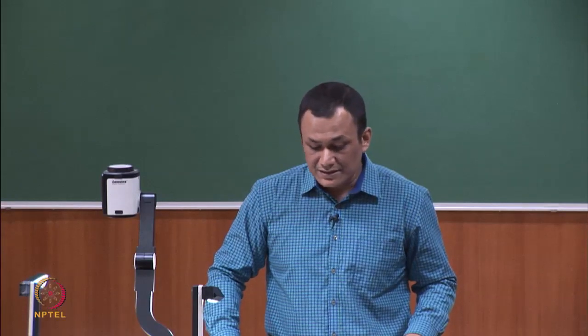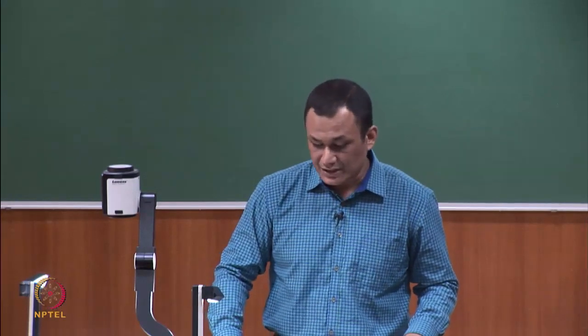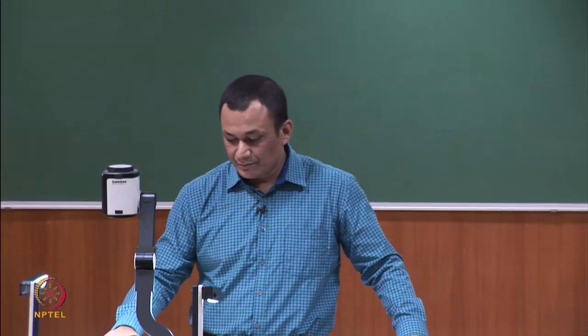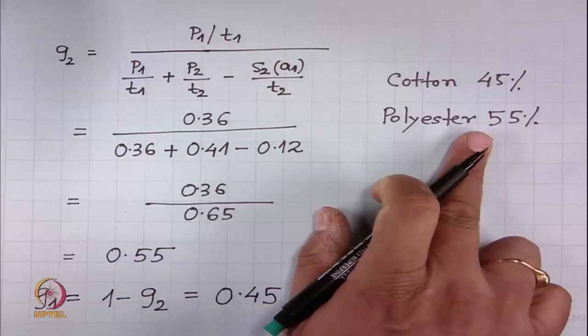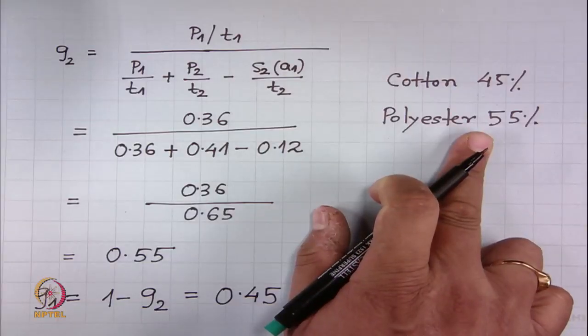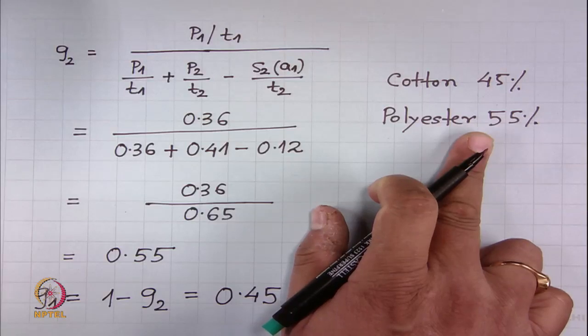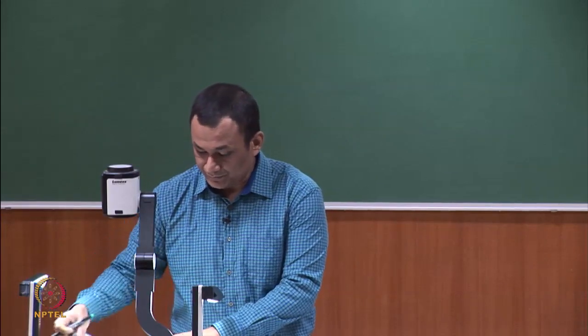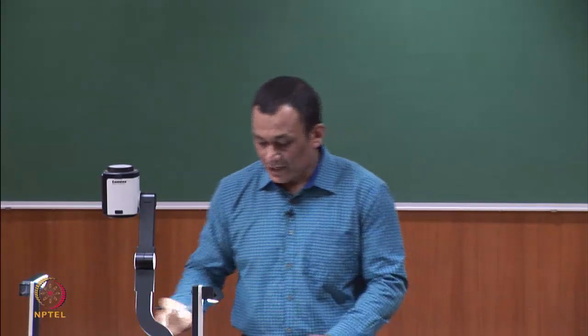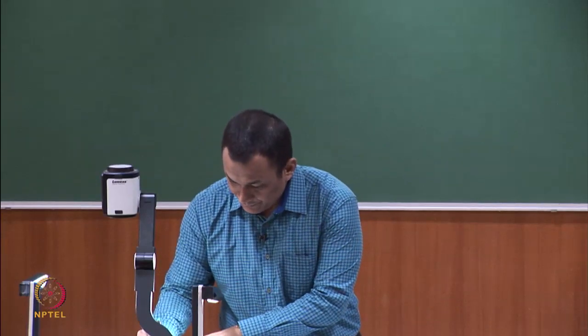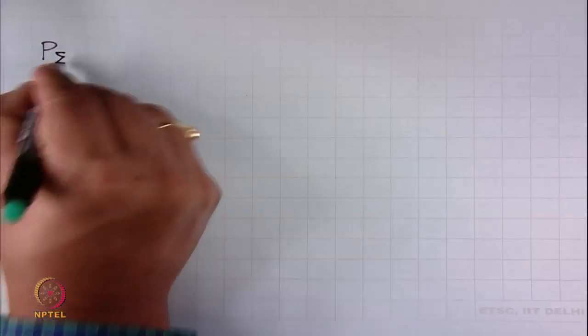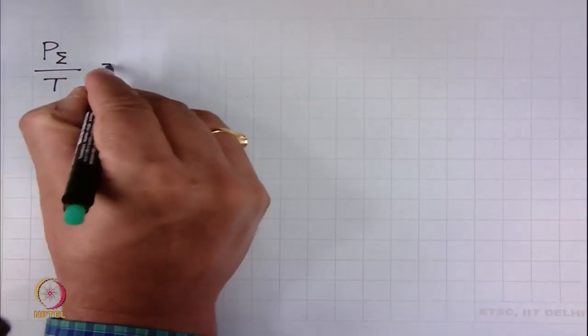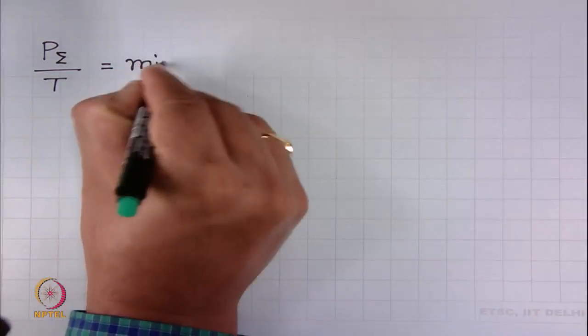Now, the second part is: what will be the tenacity of this bundle, consisting of 45% cotton fibers and 55% polyester fibers? So, let us solve that part of the problem. As we know, bundle tenacity is the minimum of two values.